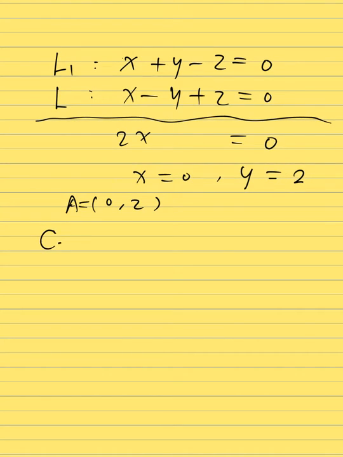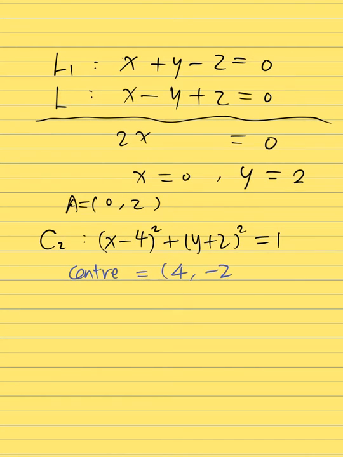Now let me copy the circle C2 again, which is x minus 4 squared plus y plus 2 squared equals 1. And therefore the center of the circle C2 is (4, negative 2) and the radius is 1.